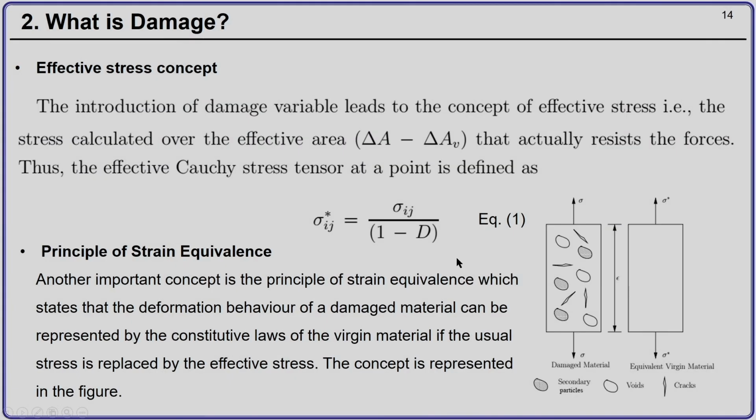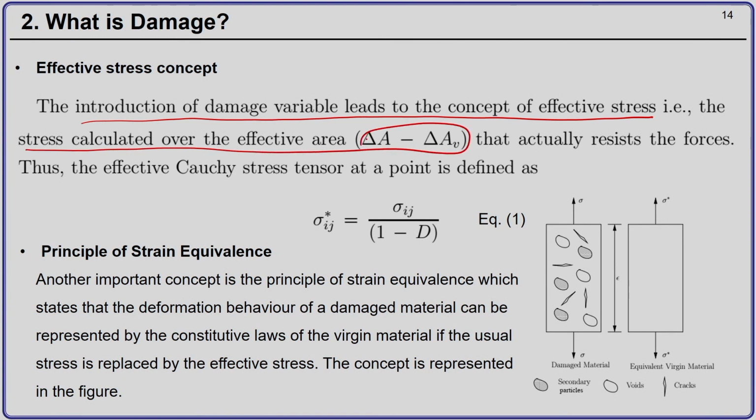Now, the concept of equivalent stress and principle of strain equivalence is usually used during the derivation of damage growth law. And what is the effective stress concept? The introduction of the damage variable leads to the concept of effective stress, that is the stress calculated over the effective area.